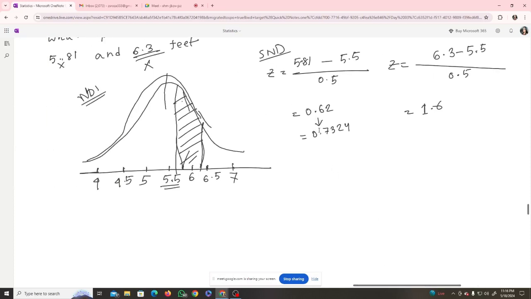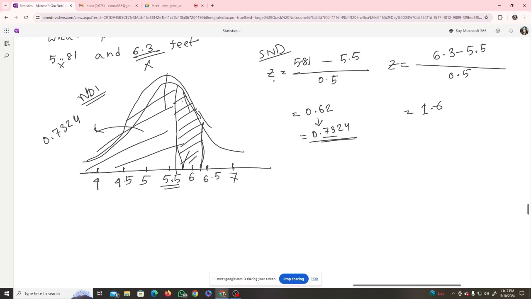Okay, guys, if I just shortly tell you what it means: it was for 5.81, right? For this part, this whole area has a proportion of 0.7324, or you can also find it in percentage.